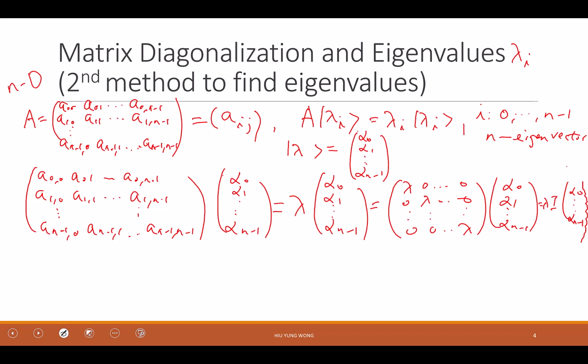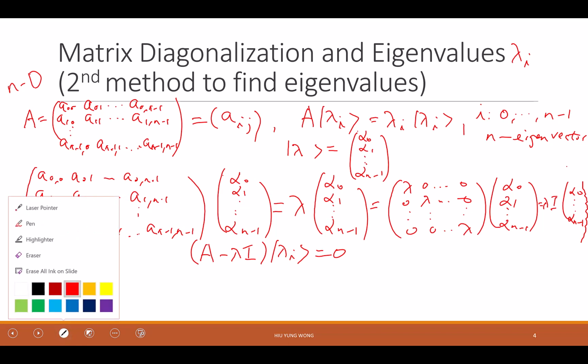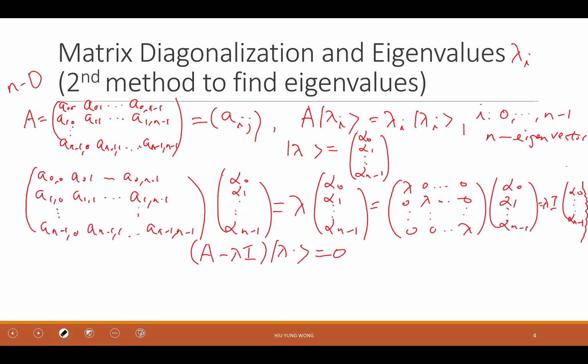All right? I can move it to this side. Then I have A minus lambda I times alpha equal to 0. Right? Because this is A times alpha, right?